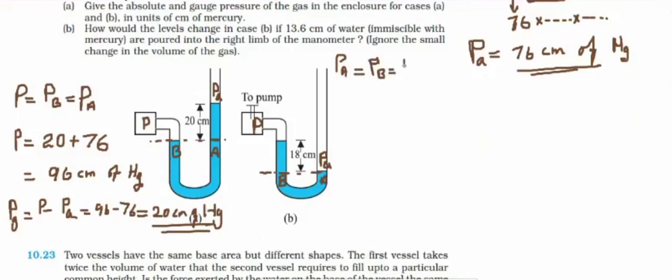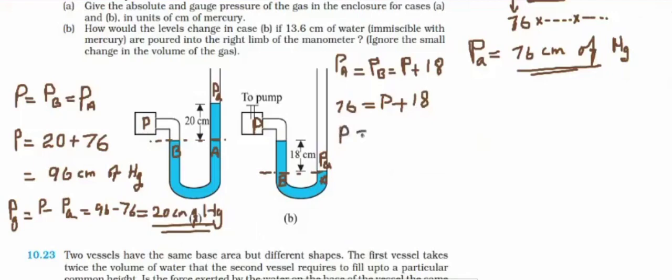So P_A is equal to P_B, which is equal to the pressure P inside the container or the bulb, plus the pressure of 18 centimeters of mercury. Now P_A, the atmospheric pressure, is 76 centimeters of mercury, equal to P plus 18. P you have to calculate.